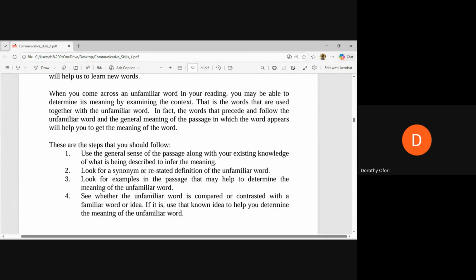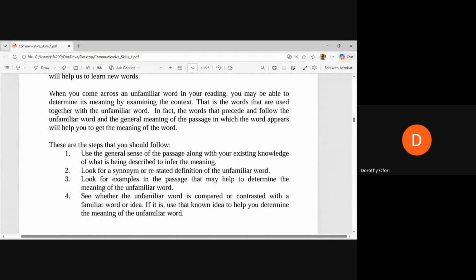The fourth step that you should follow is to see whether the unfamiliar word, the word that you do not know, is compared or contrasted with a familiar word or idea. For example, if good is a word that you are not familiar with, and there is this passage: being a good boy comes with a price.